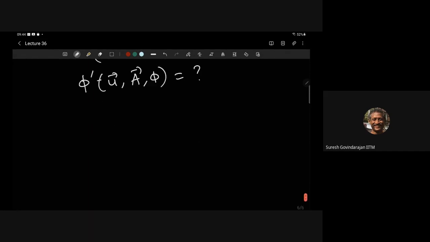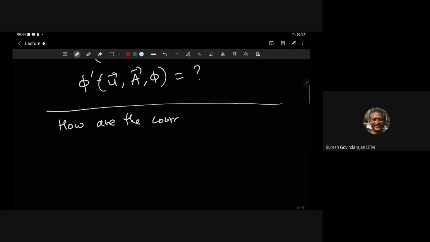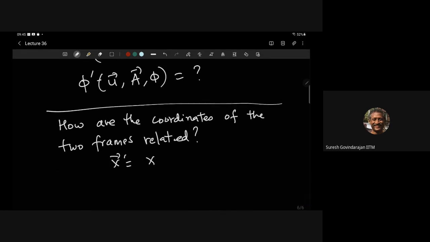One thing we want to know, which we already have known, is how the coordinates are related. X prime must be x minus ut, and we would like to write t prime equal to t.